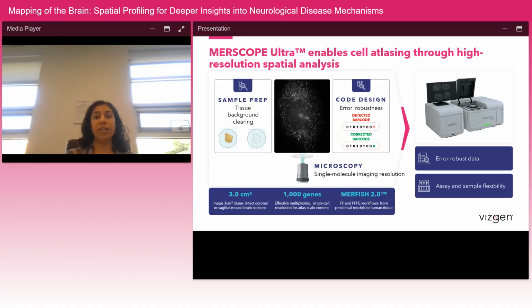A very sensitive and error-robust design of probes to understand what's happening for up to 1,000 genes, and very high-resolution optics to enable us to get very highly sensitive, high-resolution data. So all of these things together, the large imageable area, the sample prep, the high error robustness, enable us to have extremely high quality data, and that's suited to developing these foundational atlases.